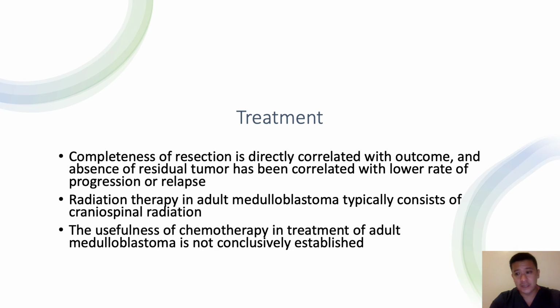Craniospinal radiation is given to those that are eligible to have radiation. But for kids younger than 3, I believe, you can't radiate kids under 3. The usefulness of chemotherapy in treatment of adult medulloblastomas is not conclusively established.